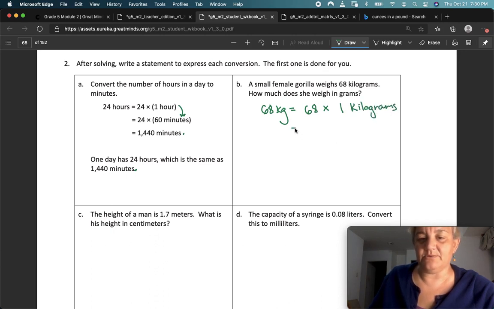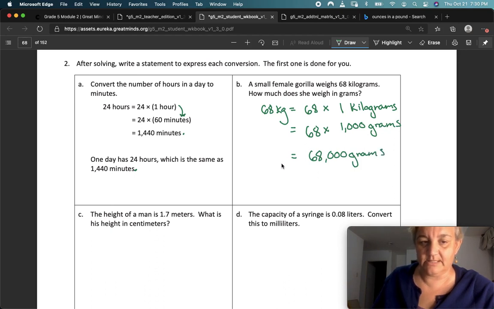And then I'm going to create another equation here, 68, and I'm going to convert this 1 kilogram to grams. Now, how many grams are in a kilogram? 1,000. Okay. And then 68 times 1,000 is pretty easy, 68,000 grams. That is a big gorilla.